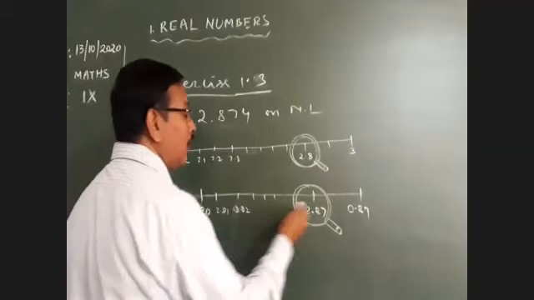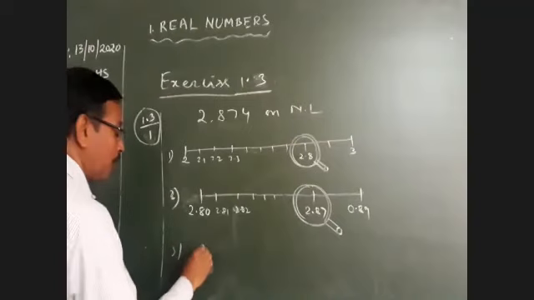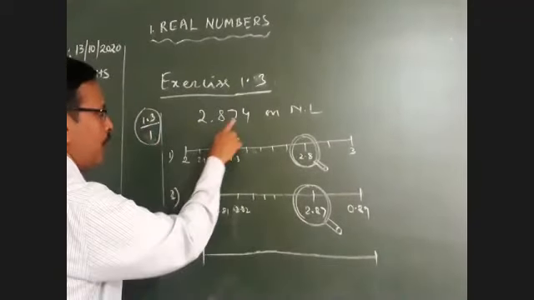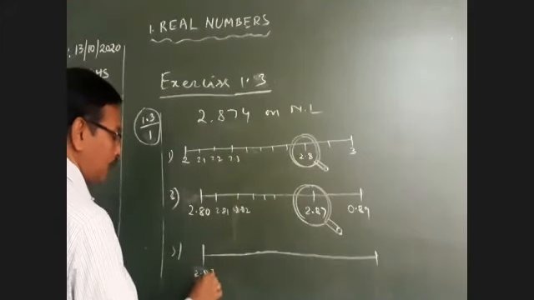Next, 2.87 is over, now 2.874. In the third step, again start from 2.870.